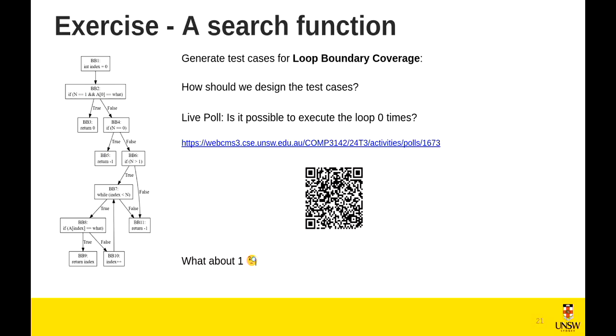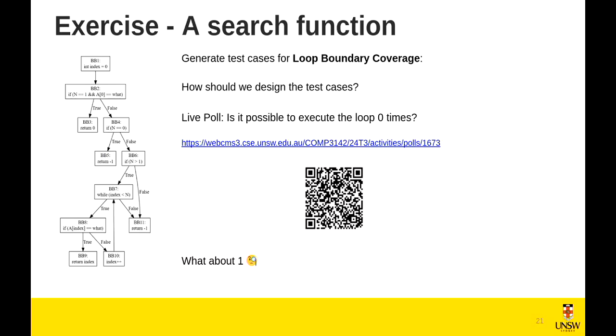So what about 1? Can we find a test case to execute this loop exactly once? Actually, the answer is also no, because index is initialized with the value of 0, and n has to be larger than 1, so n is at least 2.